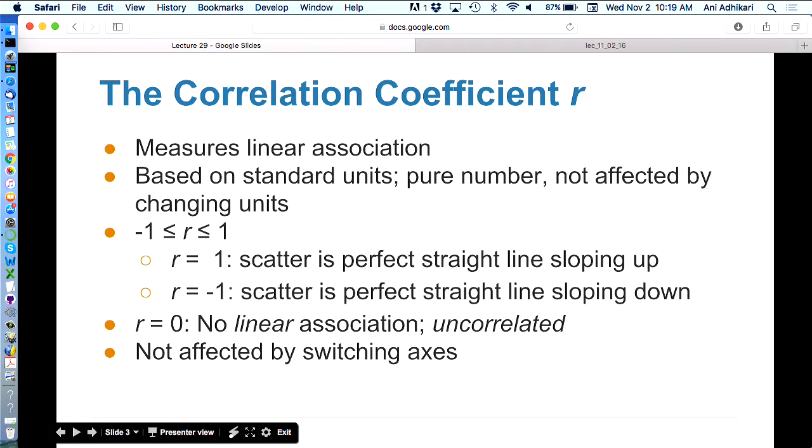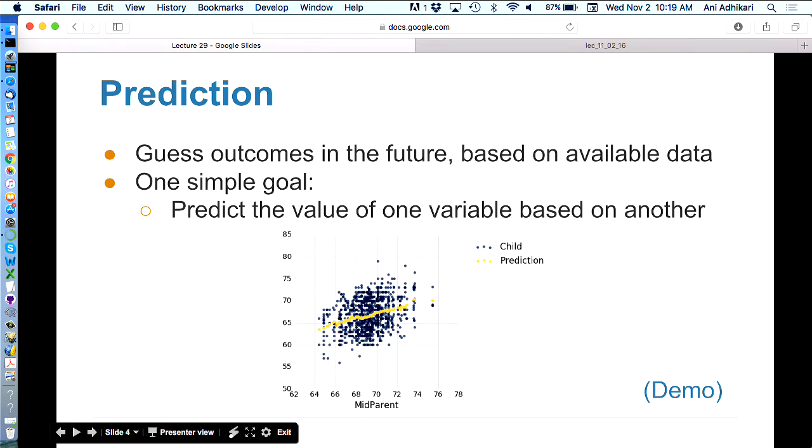The main use of correlation is in prediction. You have the value of one variable and you're trying to predict another. That's somehow where we started last time. And we have done predictions in this class. We used Galton's data and predicted a child's height based on mid-parent height.